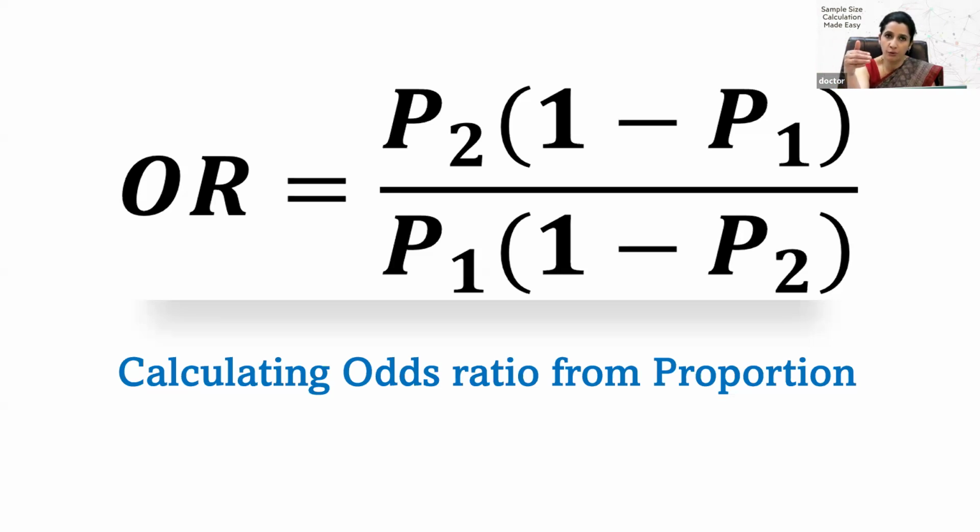So in that case, you should know that for the odds ratio, in the numerator you take proportion 2, that means in the cases, and you multiply it by 1 minus P1, that is the Q1. And then in the denominator, it is P1 times 1 minus P2. So this is the formula. I'm not going into the details since it is not required, but just for knowledge, if you have got one proportion and one odds ratio, you can calculate the other proportion, meaning P2, or vice versa.